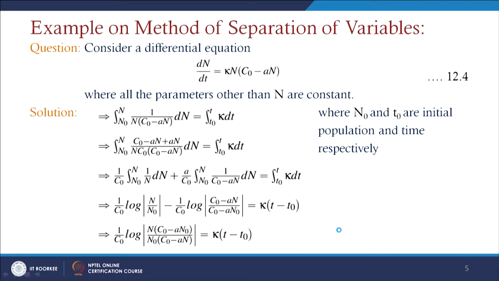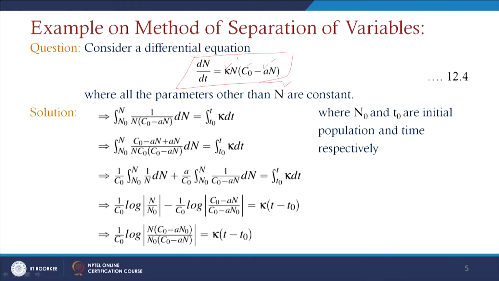So, for this separation of variables, we have just considered a particular example of a differential equation, that is dN/dt = kN(C0 - aN), where all parameters other than N are constant, that is C0, a, k are all constants.